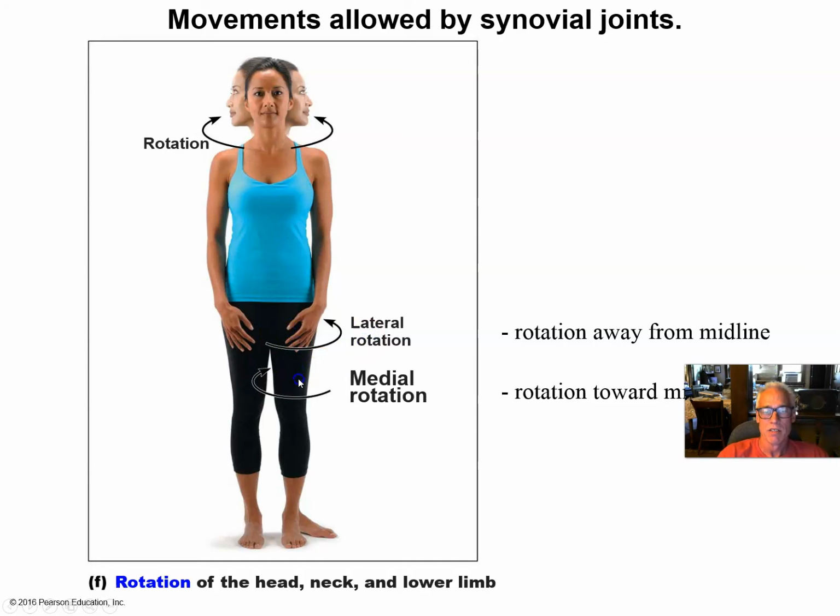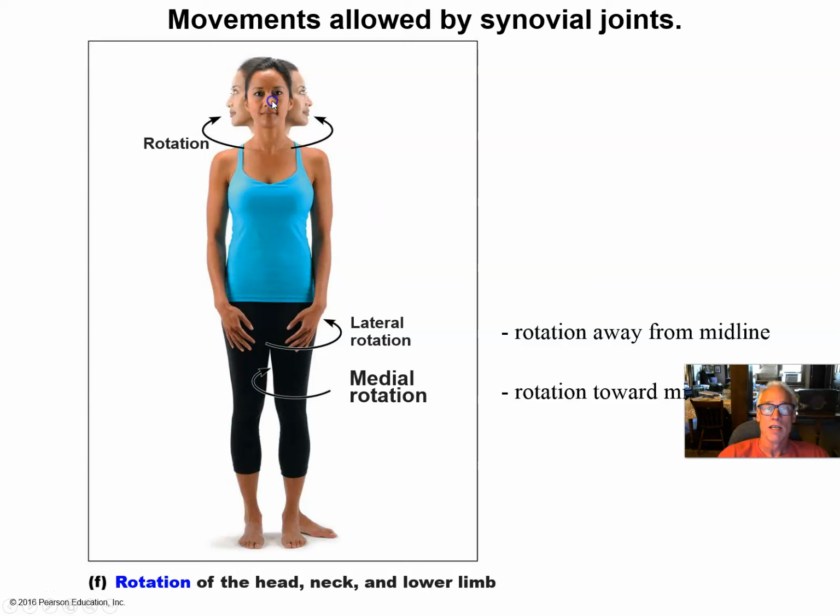And if the anterior surface moves towards the center line of the body, towards the median plane, we'll call that medial rotation. Same thing with the arm. The anterior surface of the arm moves laterally as the humerus rotates, that's lateral rotation, and of course the reverse is medial rotation.